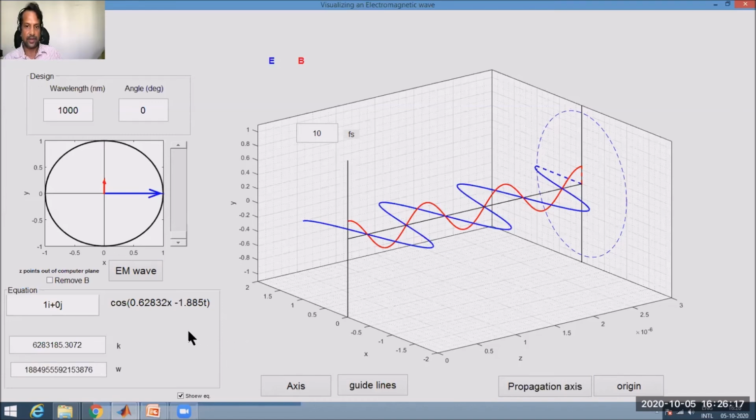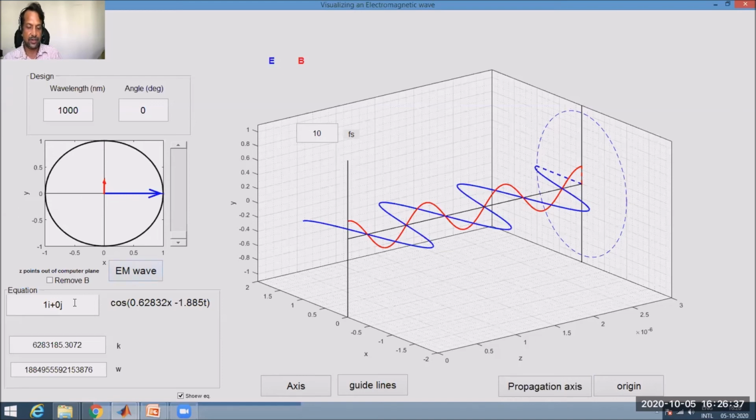So you can verify that if the time period is 10 by 3 femtoseconds, the frequency would be 1.8 into 10 power 15 radians per second. Also for wavelength, you can check it out.